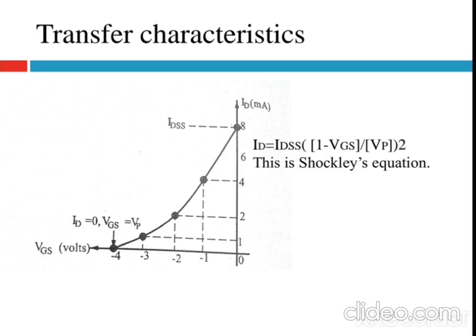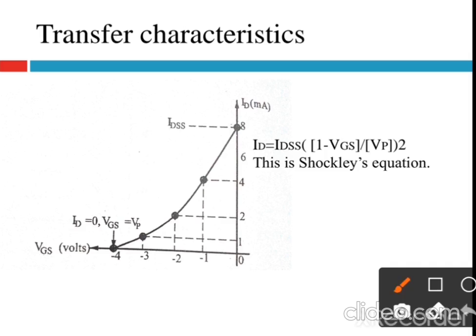A similar procedure can be used to obtain curves at different values of VDS. It is to be observed that the upper end of the curve is shown by the drain current value equal to IDSS, while the lower end is indicated by a voltage equal to VGS or VP.